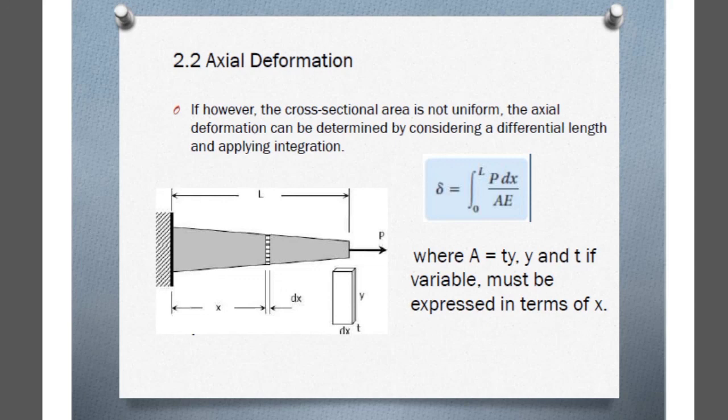So we would have, from the formula of the deformation is equal to PL over AE, then we would have the deformation is the integral of P dx over AE from the limit of 0 to L. So in here, the area is the product of the thickness and the depth, wherein y and t, if variable, must be expressed in terms of x.